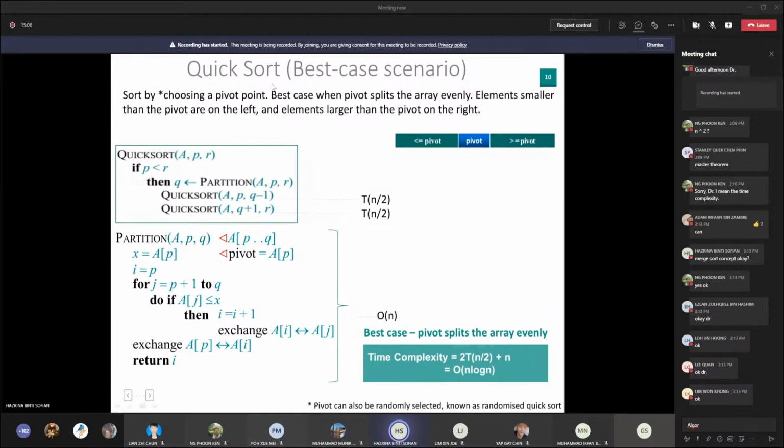So for quicksort, we have the best case scenario, where we sort by choosing the pivot point. This pivot point is any number. Let's say we have 8 elements in the array, then we can pick one of the elements to become the pivot.